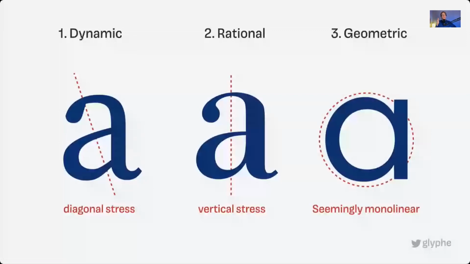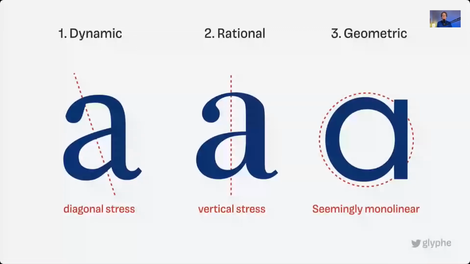When we think about dynamic, it's a diagonal stress. You can see the angle in the letter A, and in the O it's easier. We see this in details as well. The rational shape would be a vertical stress, and the geometric would be constructed. It's seemingly monolinear.